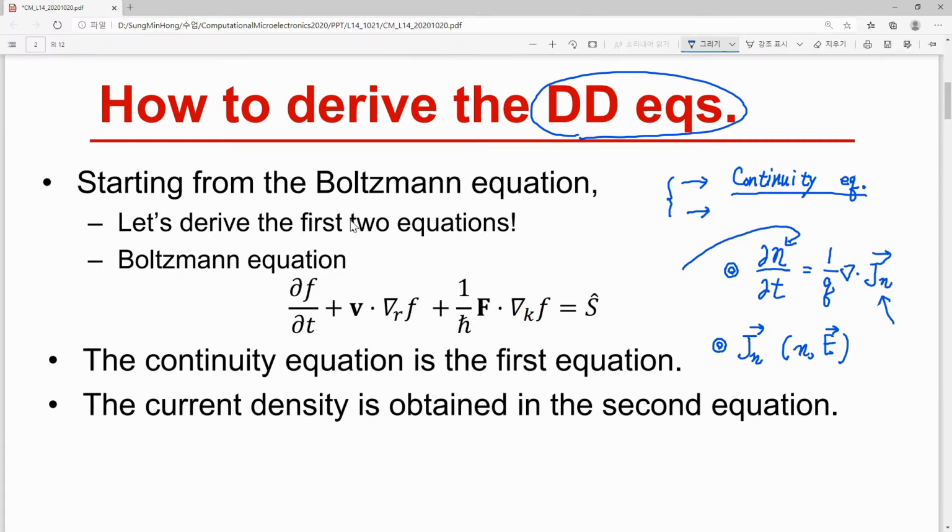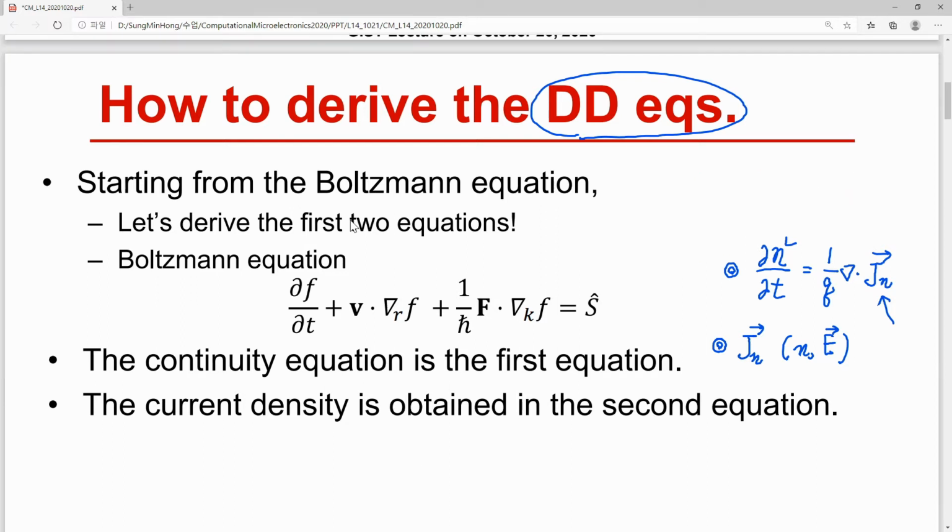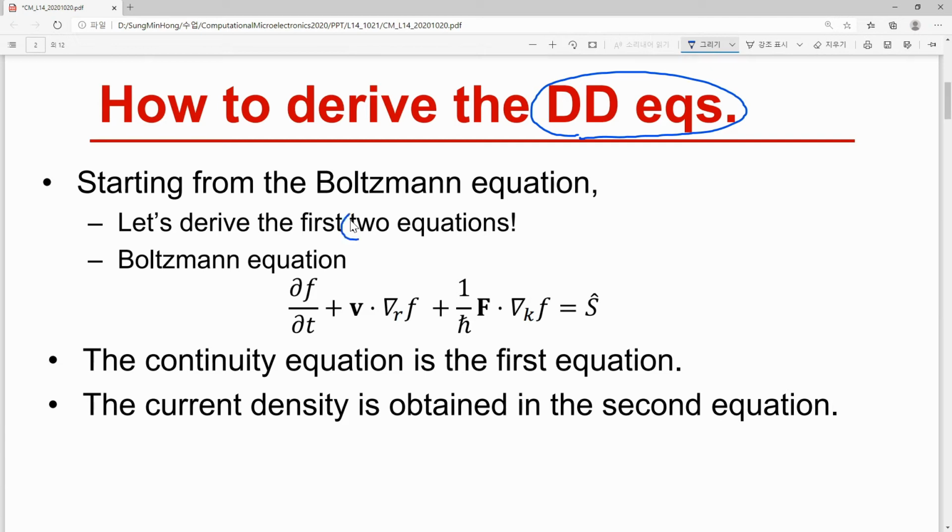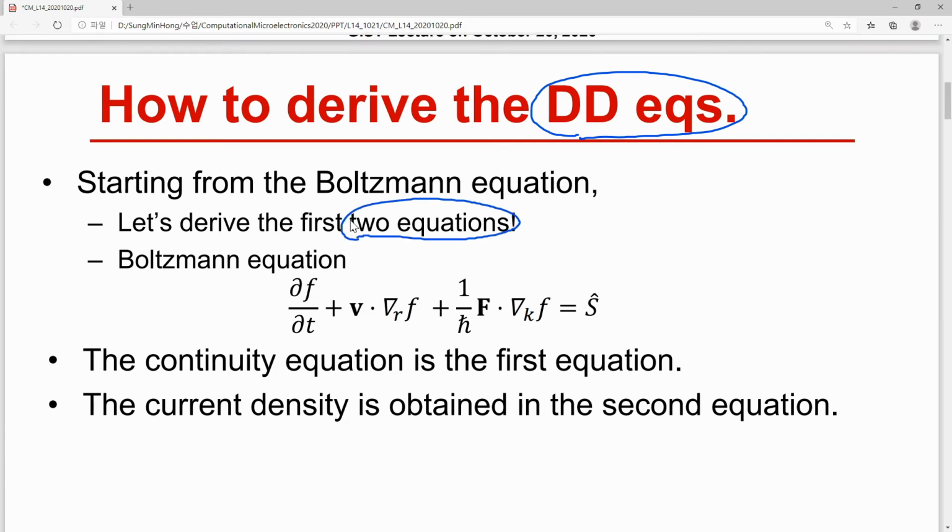That is a straightforward extension. We will not explicitly consider the holes, however, please keep in mind that holes can be considered in exactly the same manner. So our goal is to derive two equations, which are the basis of our drift diffusion equations.